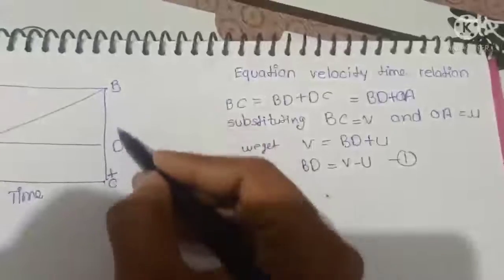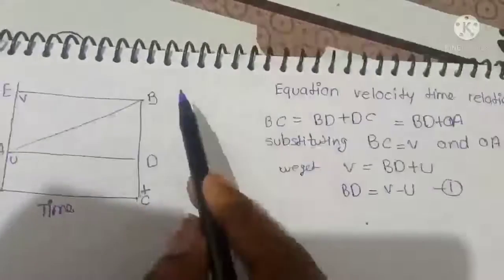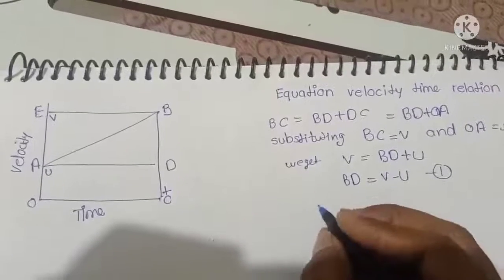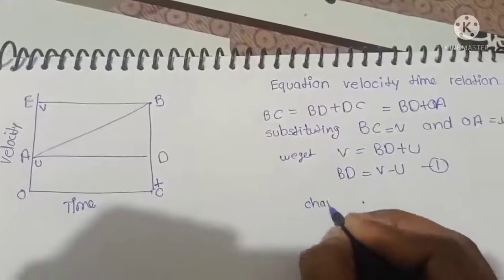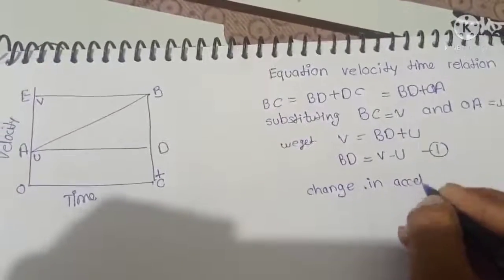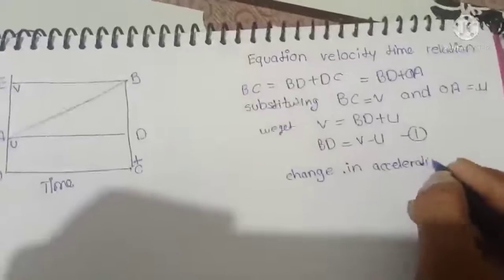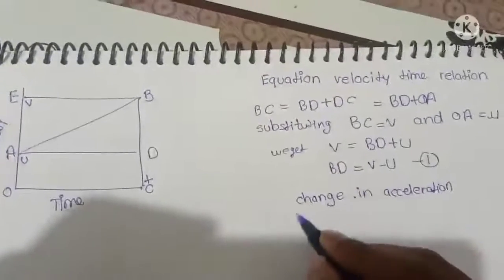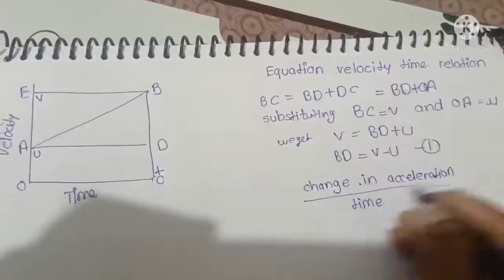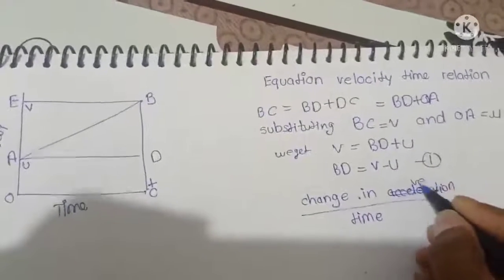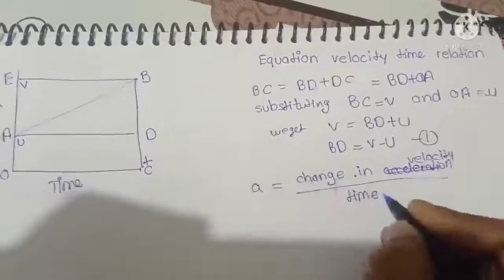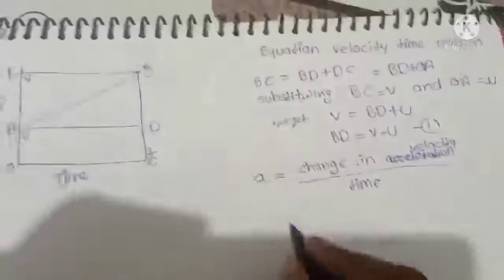So this BD will be the change in velocity. From the velocity time graph we know that change in velocity upon time equals acceleration.